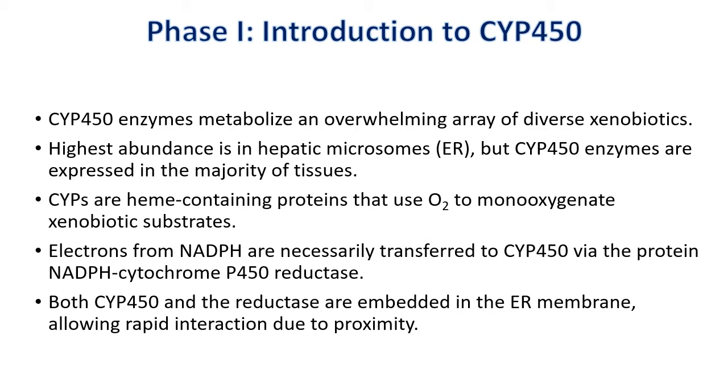Electrons from NADPH are transferred to cytochrome P450 through the protein NADPH cytochrome P450 reductase. That's FYI. But the enzymes themselves, which are the cytochrome P450s, like again 2D6, 3A4, and the reductase, are embedded in the endoplasmic reticulum membrane, and then they work together very rapidly.